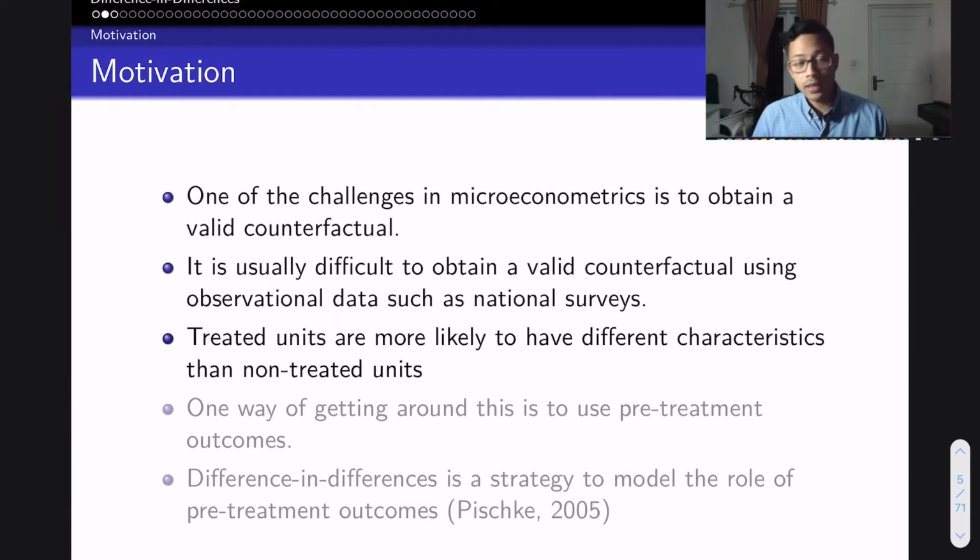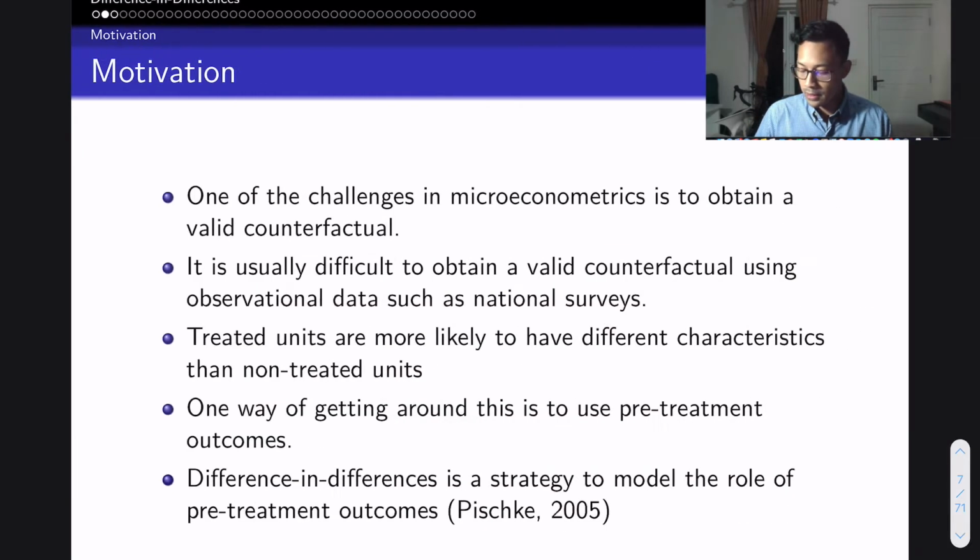One way of getting around this is to use pre-treatment outcomes, so outcomes before the program was implemented. And the key here is not only to look at units that are treated, but also units that are not treated. So the difference in differences strategy is to model the role of pre-treatment outcomes.